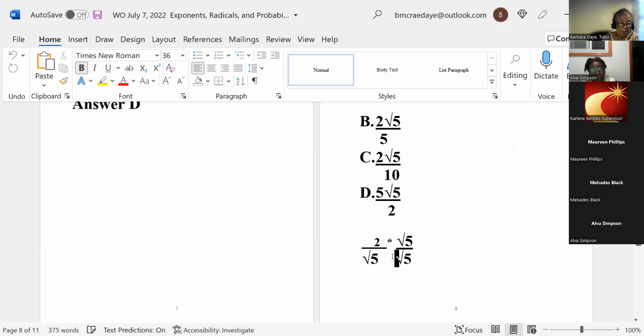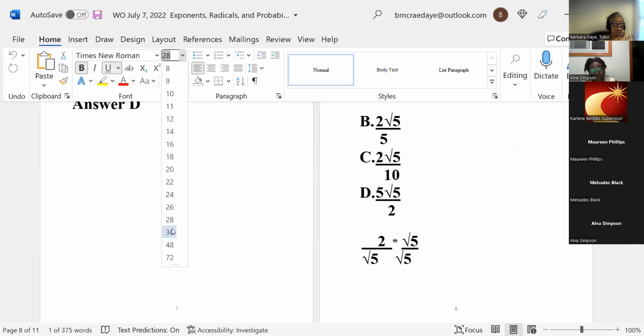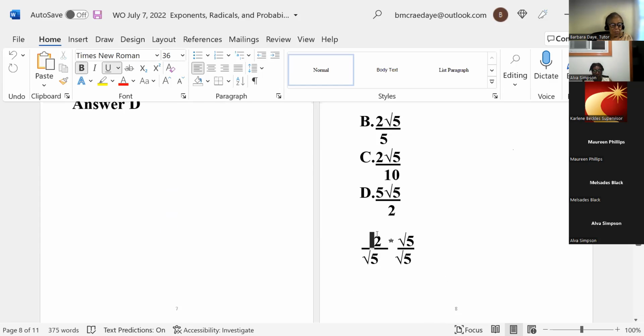Everybody with me? So that's your first step. Multiply numerator and denominator by the square root of 5. Any questions on the first step?